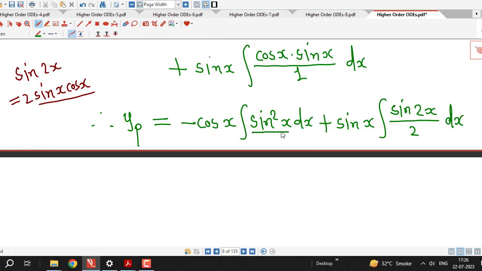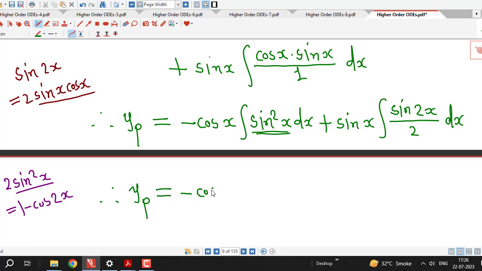Now to integrate this, we have to replace sin square x by that formula. We know that 2 sin square x is equal to 1 minus cosine of 2x. Therefore sin square x is 1 minus cos 2x divided by 2. So first we have to replace this sin square x by 1 minus cos 2x divided by 2, integral with respect to x.